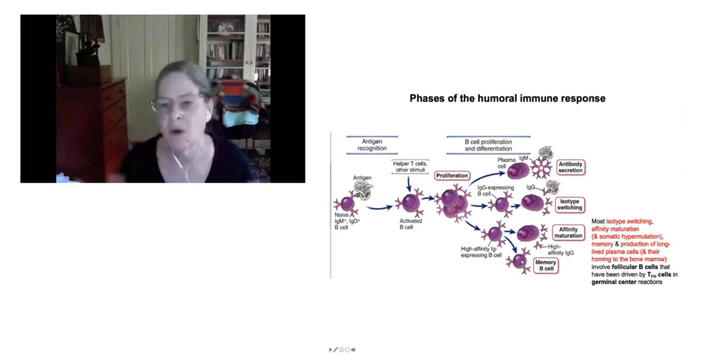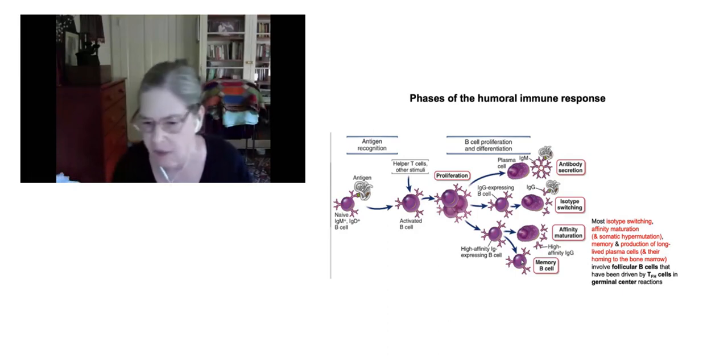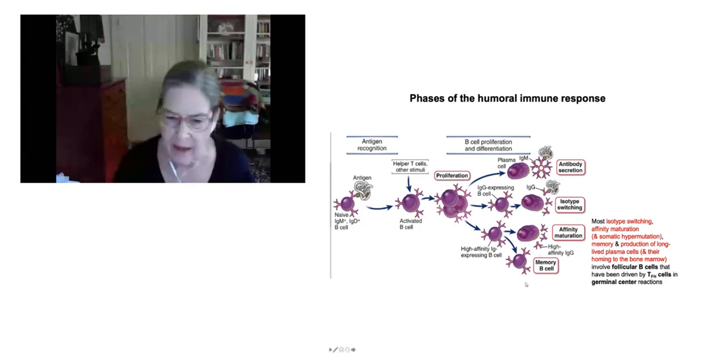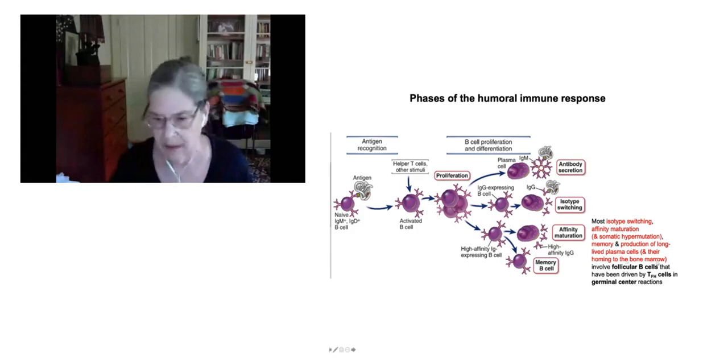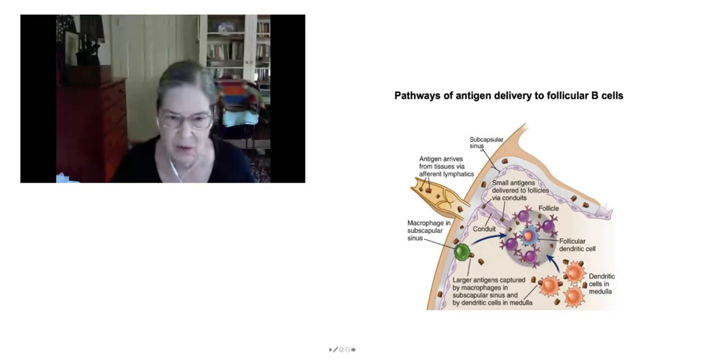That means the low affinity guys drop out, and only the high affinity clones, many of which have somatic mutations to make those antibodies bind a little better, will be selected. And that's how you get these high affinity antibody responses, but they're driven by T follicular helper cells because it's happening in a germinal center reaction.